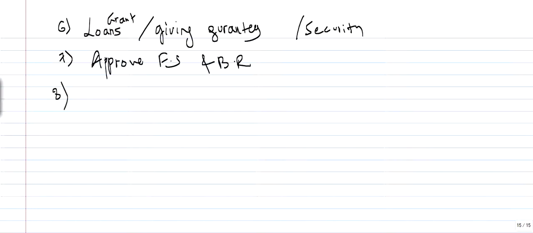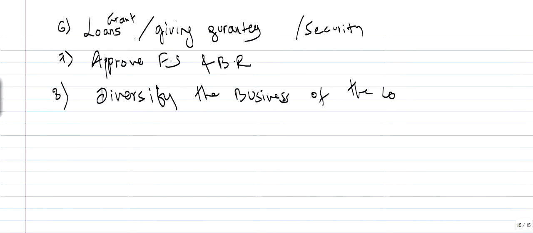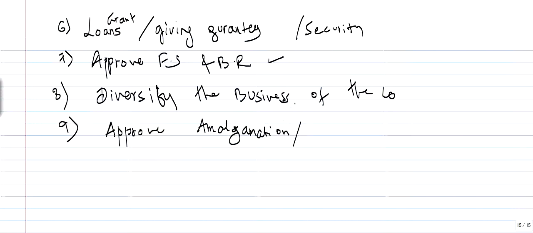Point number 8, to diversify the business of the company. Point number 9, to approve amalgamation, merger, reconstruction.